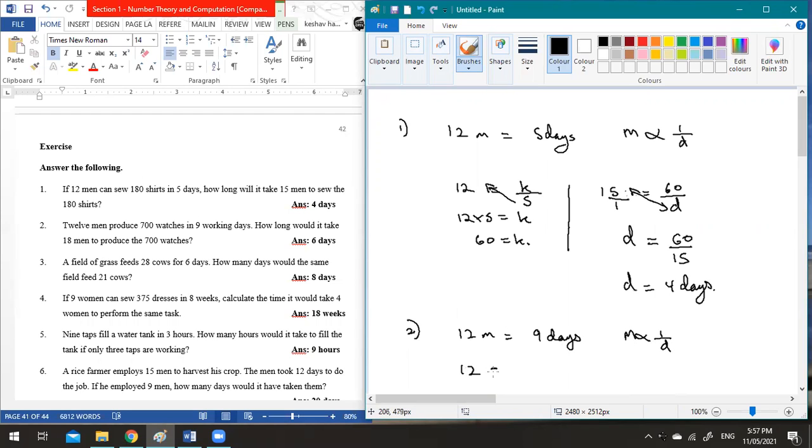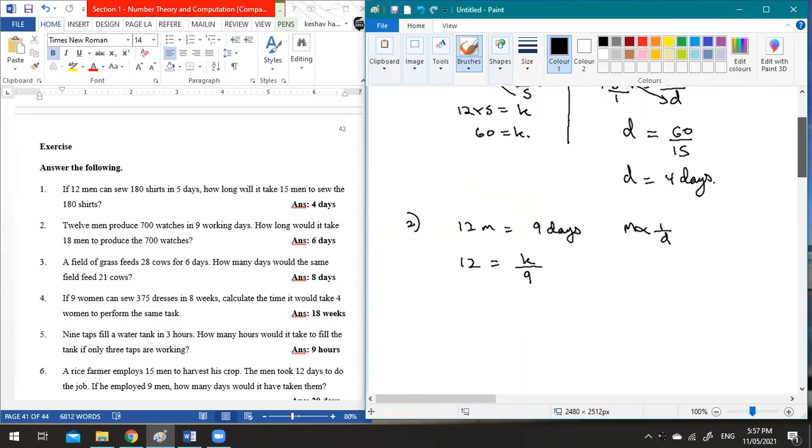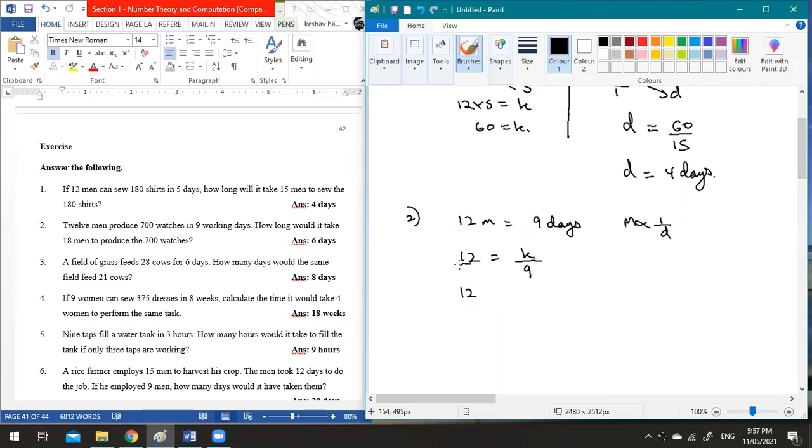So 12 is equal to k amount over 9, or the scale factor over 9. So 12 by 9 is equal to k, which is 108. So how many people were you asking for now? 18 men. So 18 men would be the scale factor over the number of days.